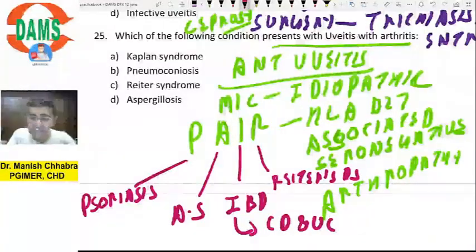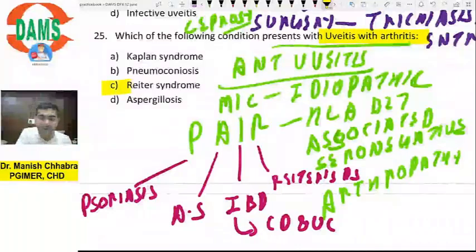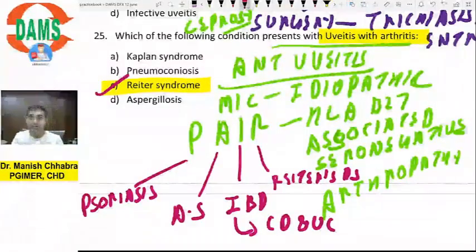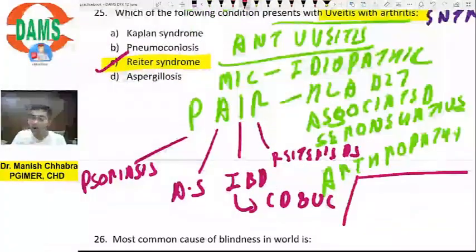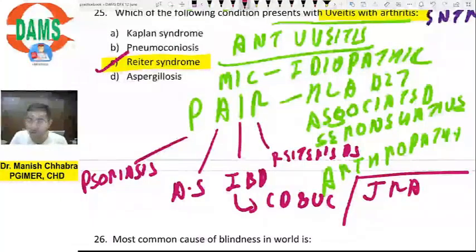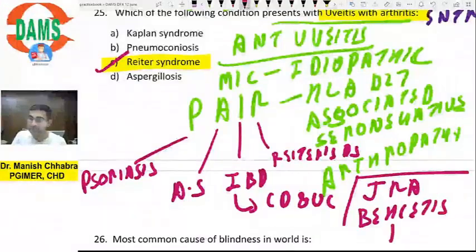So what is Reiter's disease? Reiter's disease is, my dear friends, uveitis with arthritis. So this is the answer here. Is it understandable? And also not to forget, the other important cause of anterior uveitis is JRA, which is juvenile rheumatoid arthritis, and Behçet's disease.